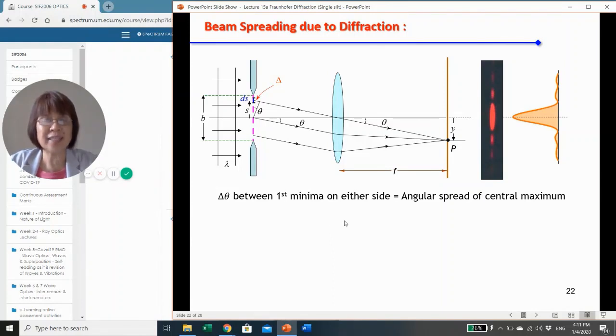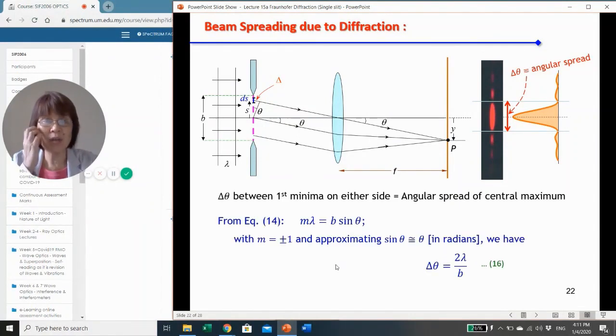What do we mean by beam spreading? How do we define it? Well, let's look at the delta theta between the first minima on both sides of the central maximum, which means it is actually from here to here. That will give us the angular spread delta theta that we are talking about. So from the earlier equation 14, m lambda equals b sine theta, and since we have the left and right, or the top and bottom, the m spreading goes from minus 1 to plus 1, which means delta m is actually 2.